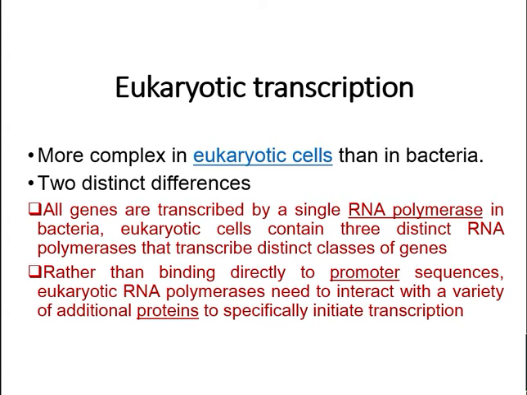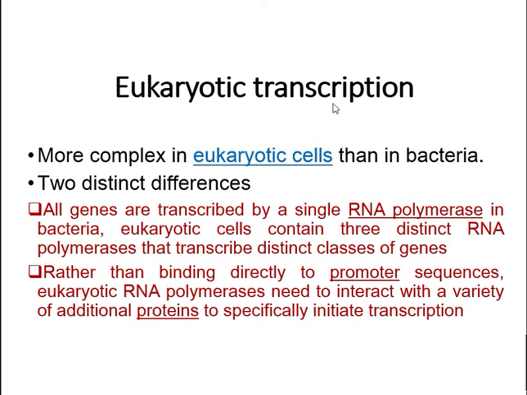It catalyzes the formation of messenger RNA from complementary DNA. There is only one kind of RNA polymerase in prokaryotic cells, whereas in eukaryotic cells there are three distinct RNA polymerases that transcribe different classes of genes. So that is the first difference: prokaryotes have only one type of RNA polymerase, while eukaryotic RNA polymerases are of three types.